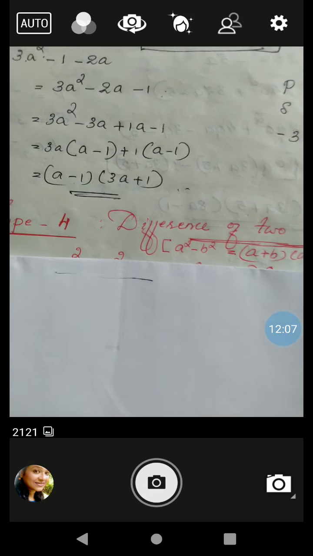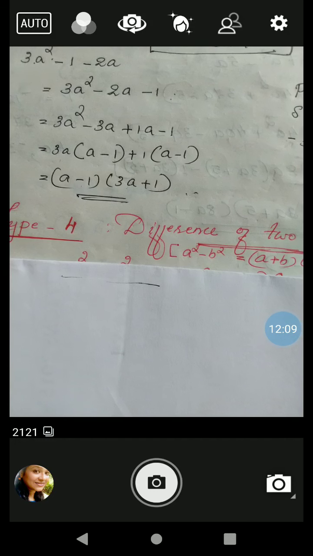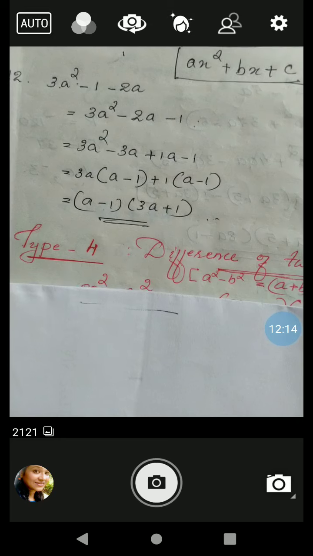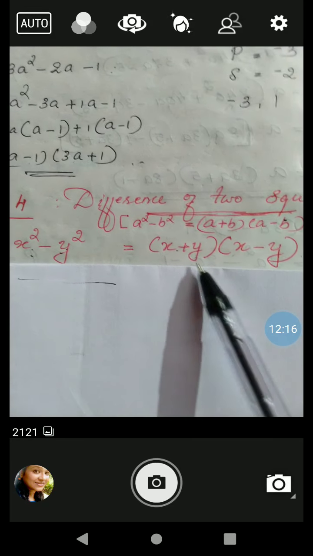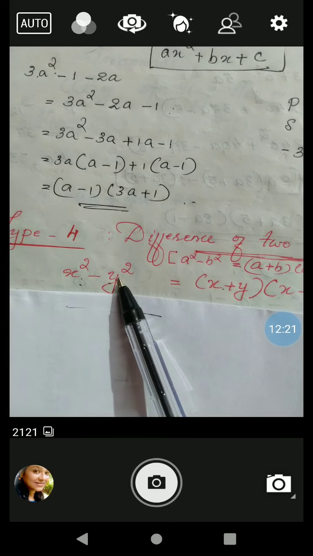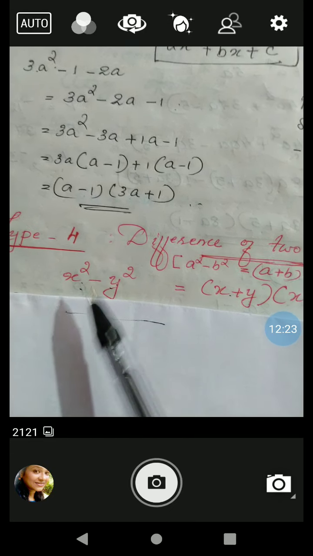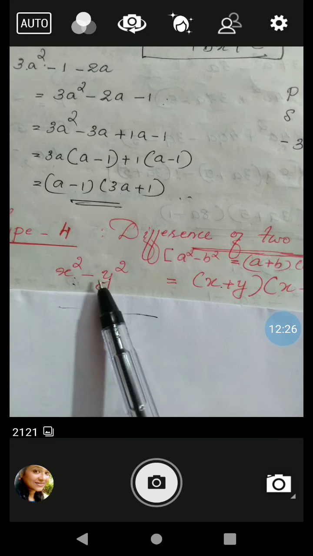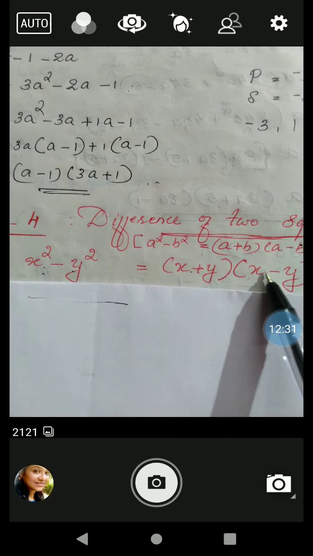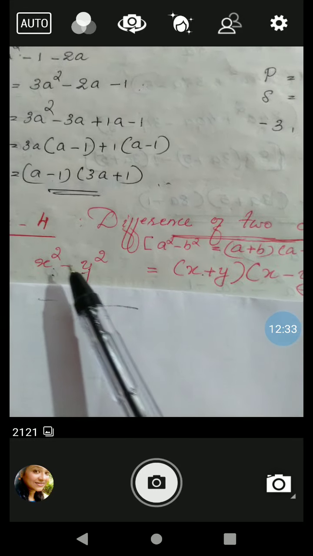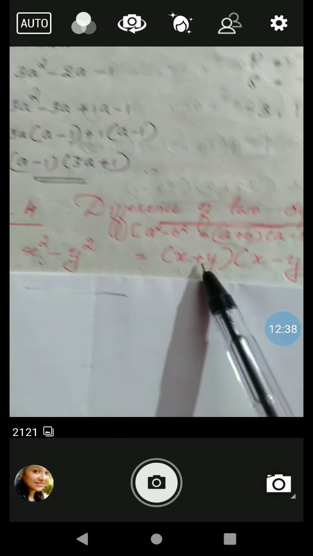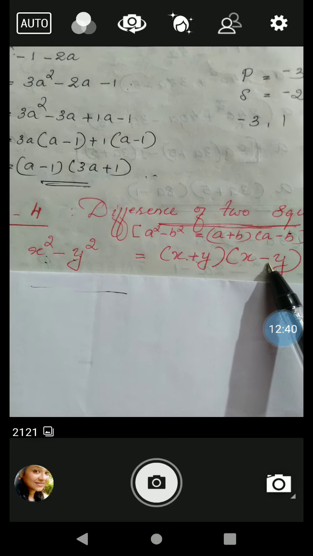Actually, listen, the product of x plus y and x minus y is x square minus y square. Therefore, we can write the factors of x square minus y square are x plus y and x minus y, or we can express x square minus y square is equal to x plus y into x minus y.